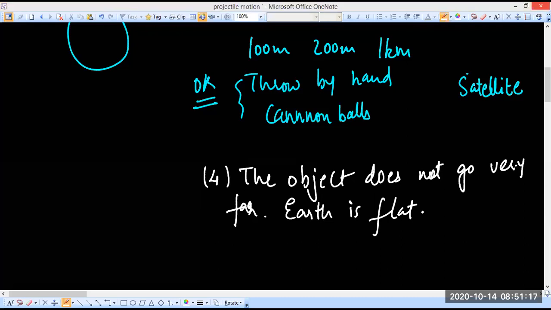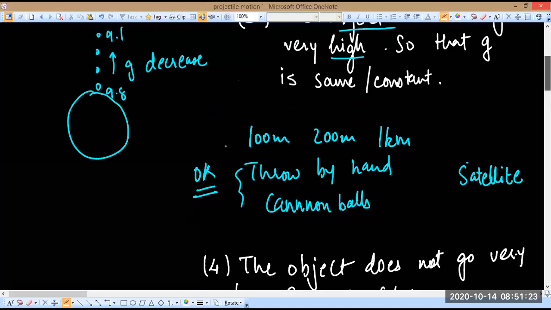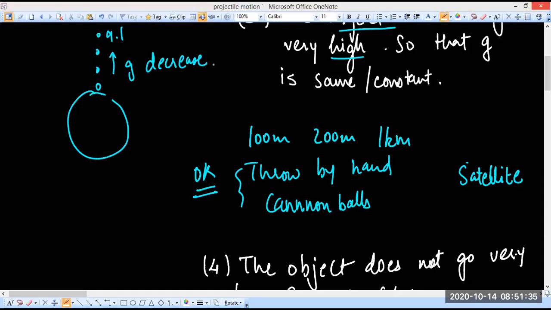Right, because you see, let me draw something very interesting here. Suppose you throw something from here and it's actually going very far, like thousands of kilometers. Then whatever you are throwing like this will actually curve and fall on earth like this.